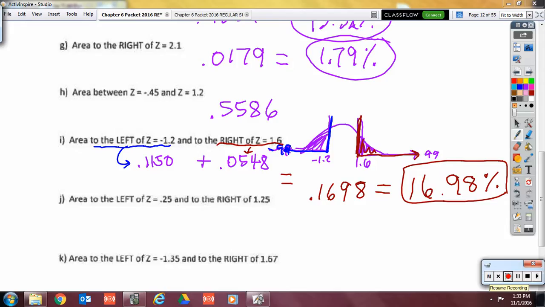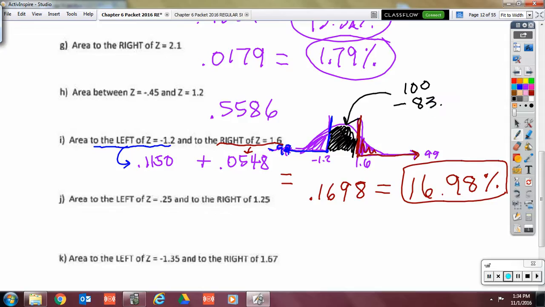Listen up. Here's another option. You can either add the two areas separately, or you could do the norm CDF from negative 1.2 up to 1.6 and get that number. And that's the part that you don't want. So you can do 100 minus whatever that percent was, which was 83.02.